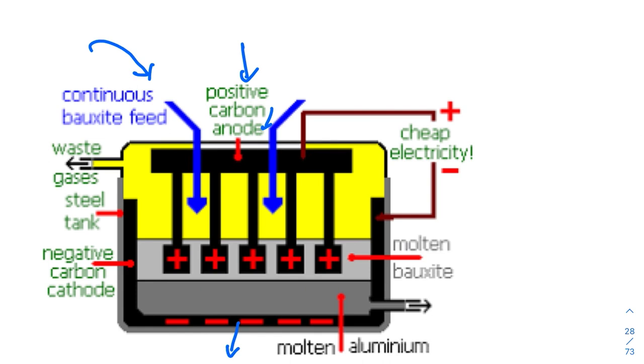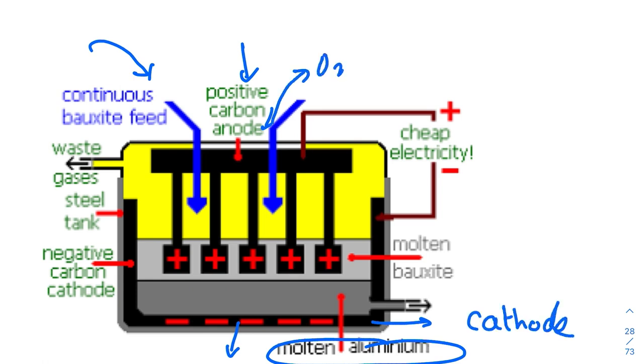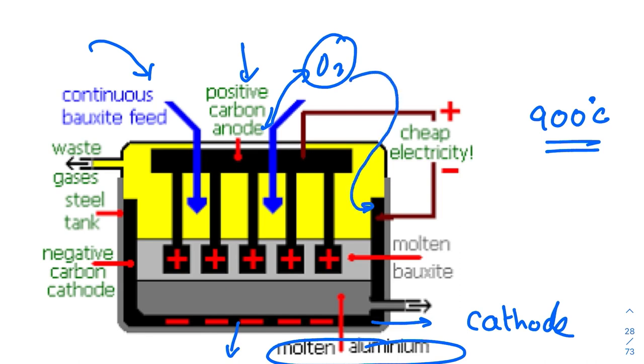We know that molten aluminium is made at the cathode. At the anode, we will be getting oxygen. What will this oxygen do? Because the temperature is very high, 900 degrees Celsius, in the electrolysis, this oxygen will burn the carbon electrode. Therefore, carbon dioxide is formed.